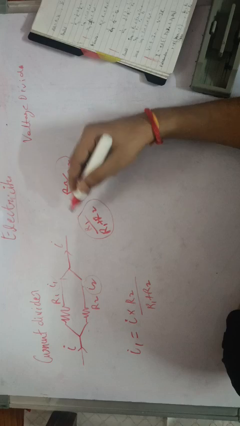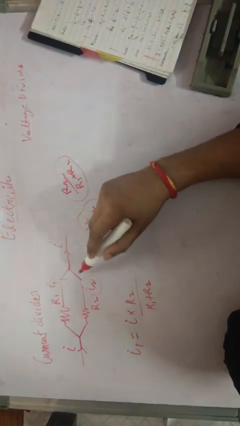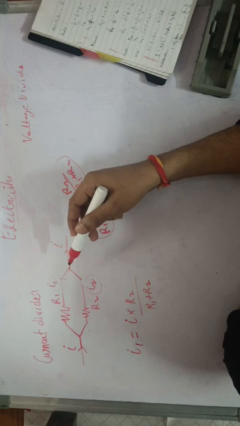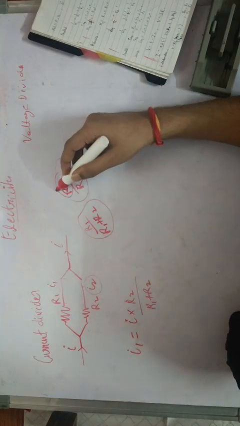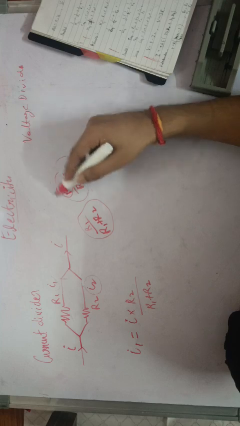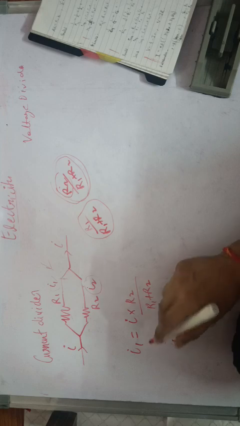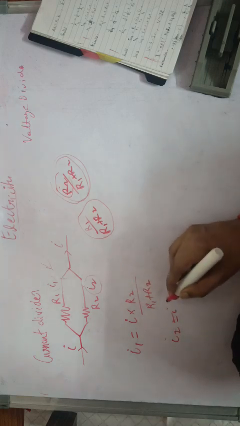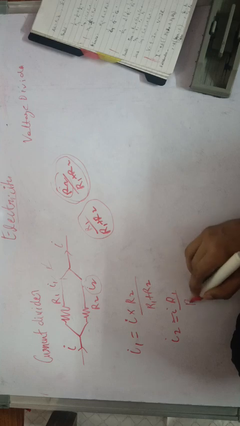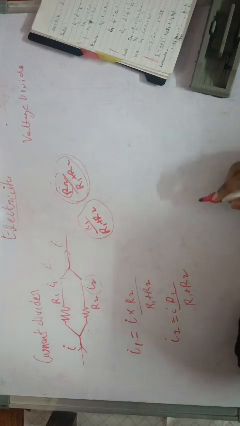In these parts the current gets divided, but the larger part would be in the smaller resistance. So if R2 resistance is large, then this current should be passing through this R1 resistance. So if I want to find the current I1, I will take R2 here. If I want to find the current I2, I will take R1 here, this part of the I current.